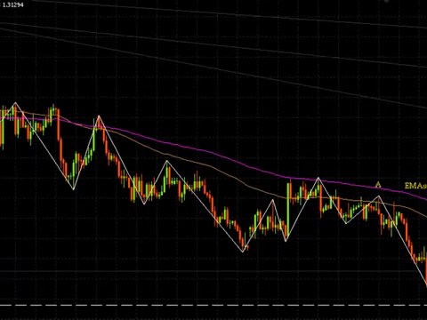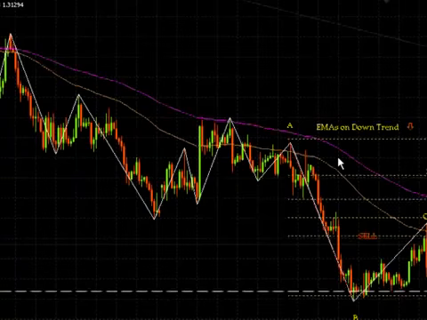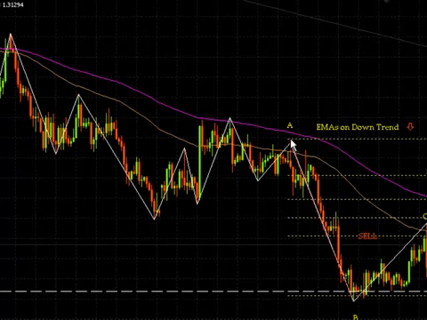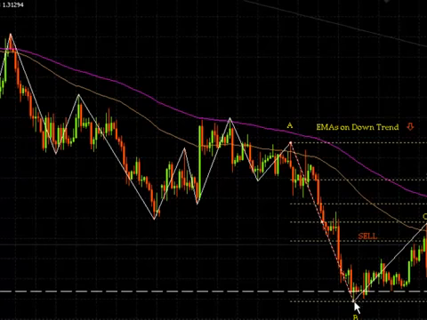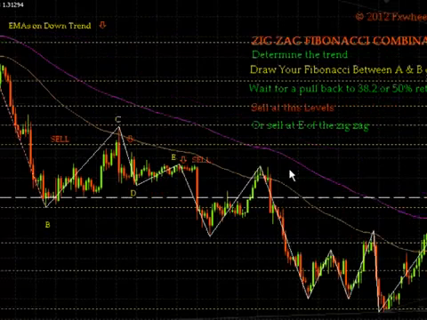So what I do is I'll pick my Fibonacci and I'll draw it from there down, between A and B. That's it. So let's examine it.